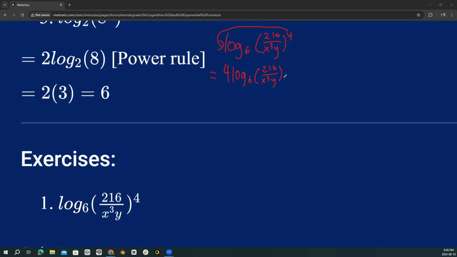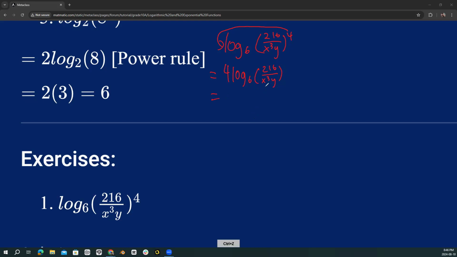So now that we've gotten rid of that, we can start moving to this part here. I think our next step should be using the quotient rule, because as you can see, this is a division.